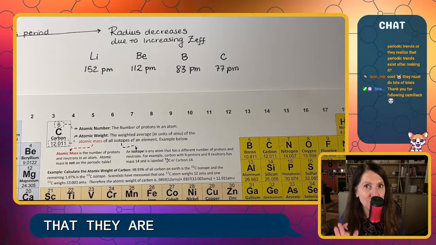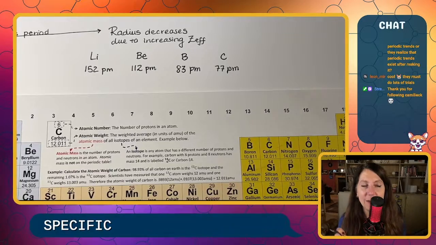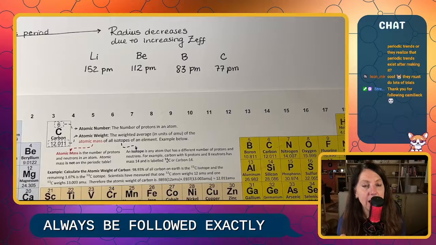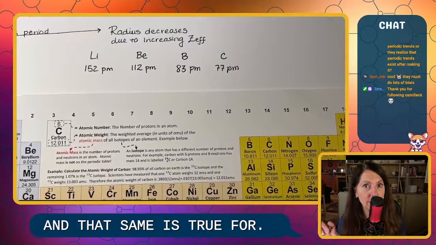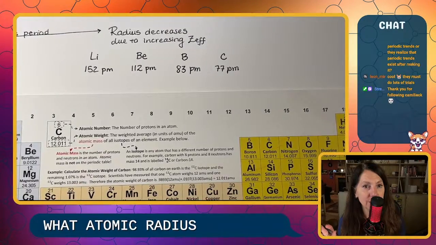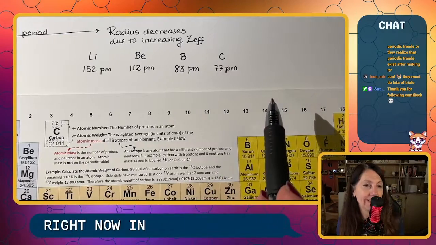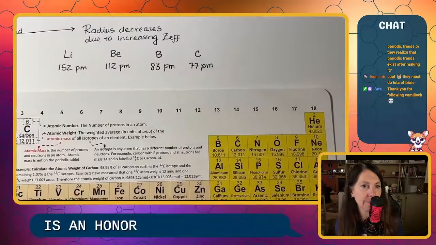They are trends. They are not always super specific. They will not always be followed exactly. And that same is true for period 2 on the periodic table with atomic radius. And we're about to see that right now, and I'm going to tell you exactly why this is an anomaly.